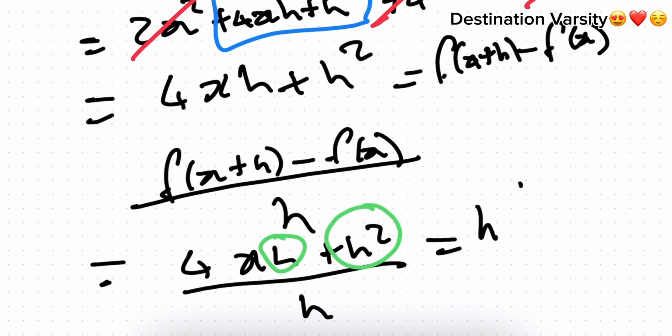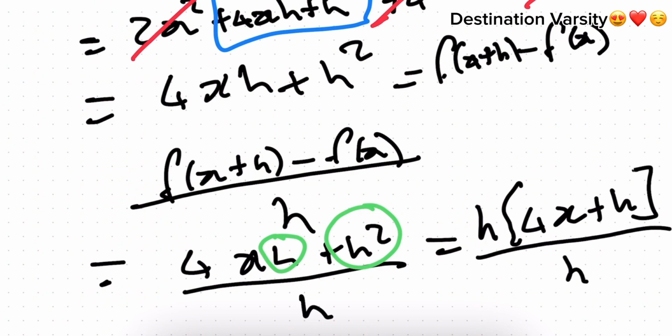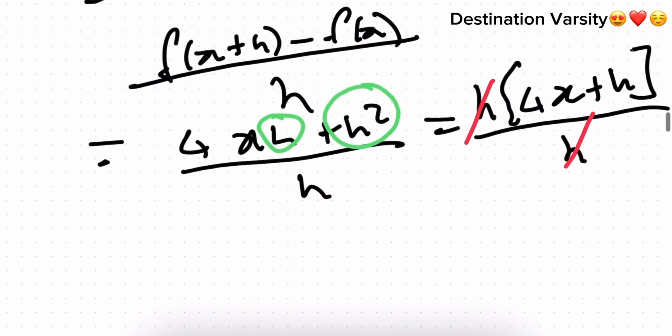You'll have your h, and then you have 4x plus h, all over h. Are you noticing that this h will cancel with this one? Then you'll be left with 4x plus h.